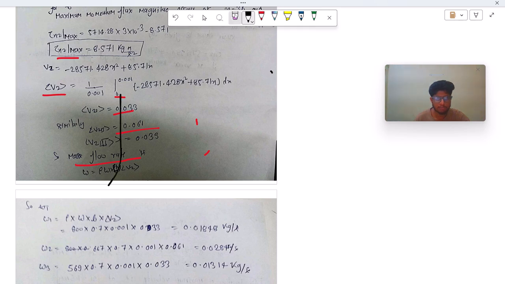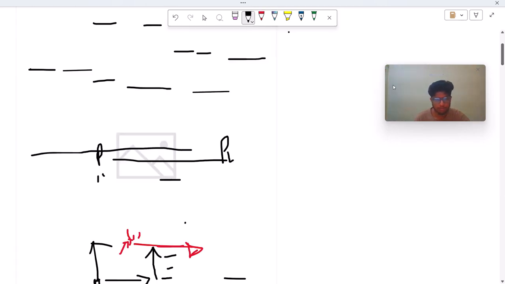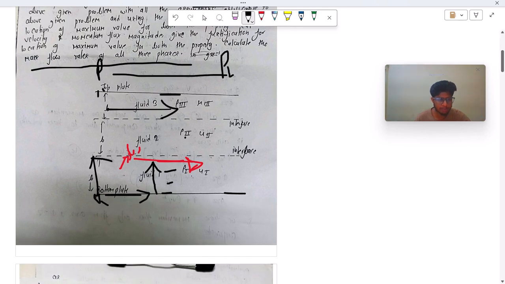As our system is moving in the z direction, for this direction we have the perpendicular area that has a width of w and a thickness of b, like this: w, and this is b. So this is the perpendicular area.